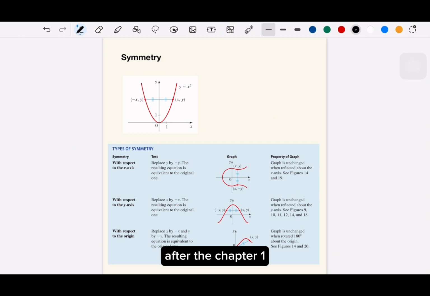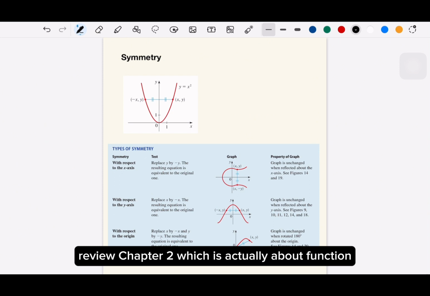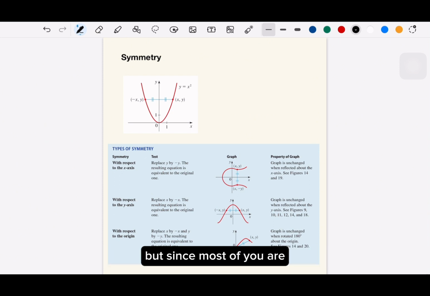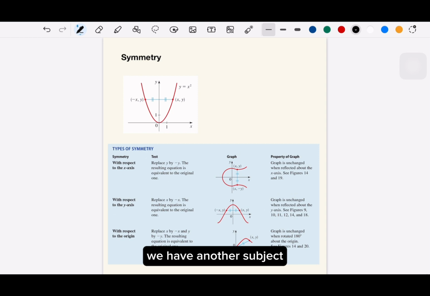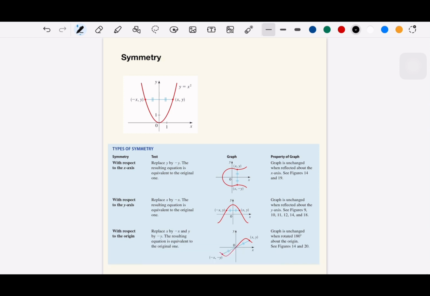After chapter 1, I would like to review chapter 2, which is about functions, but since we have another subject of functions in calculus, I would like to make a quick review. So yeah, that's chapter 2.